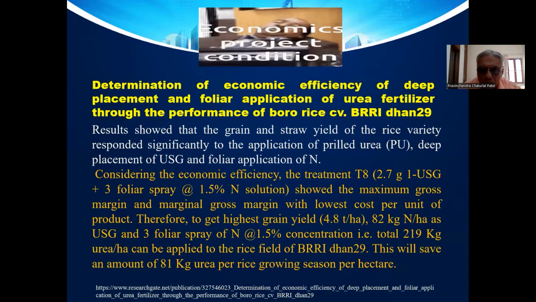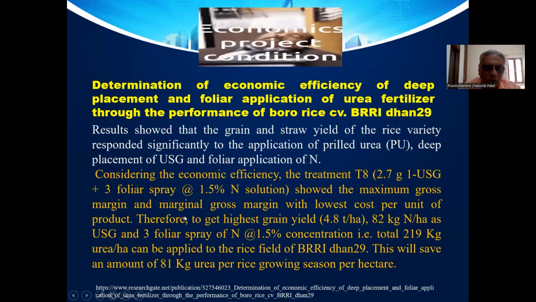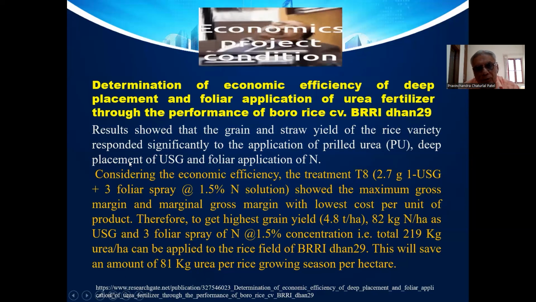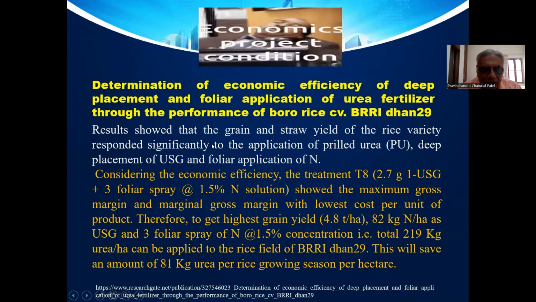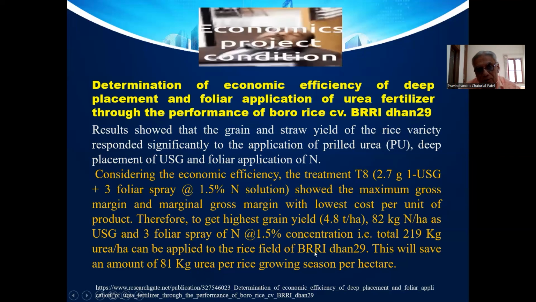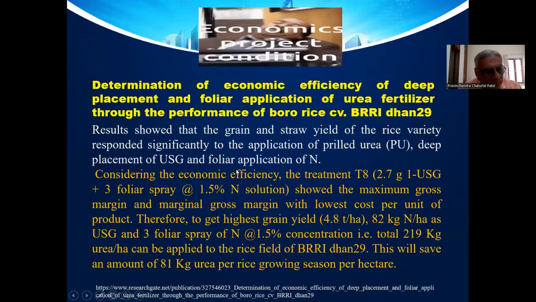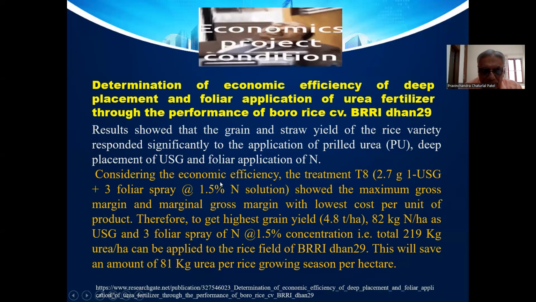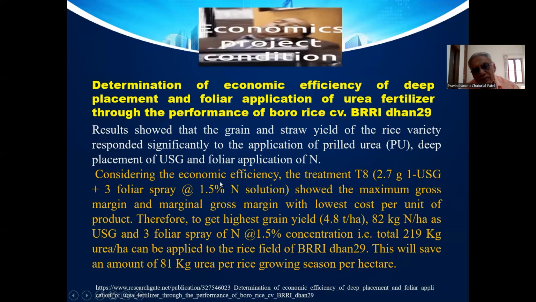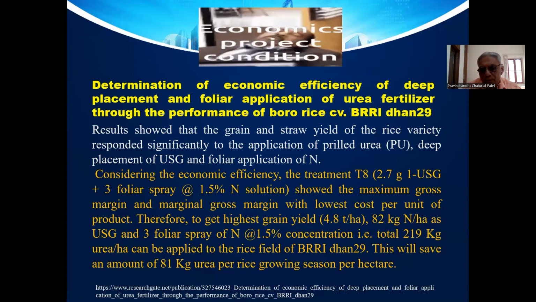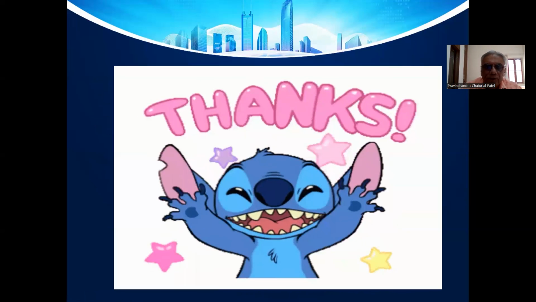So suppose throughout the country, 50% of the farmers of India, Bangladesh, and China adopt that proven technology, then they can save urea fertilizer in the rice crop, fertilizer use efficiency is increased, and it helps in overall mitigation of climate change globally.